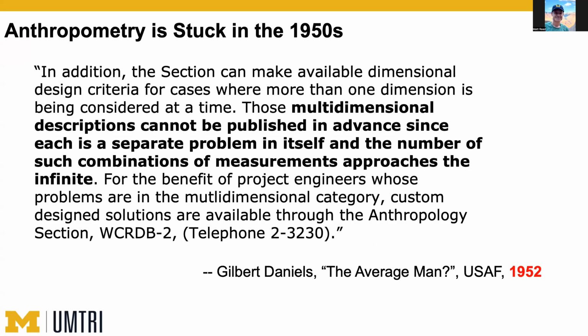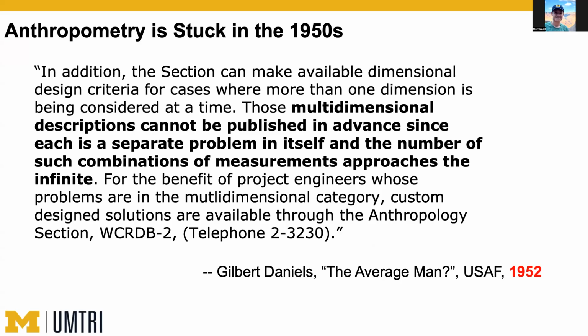I encourage you to take a look at this publication from 1952. This guy, Gilbert Daniels, I think it was Captain Daniels, demonstrated using some of the first data on aircrew that it's really not possible to do a multivariate analysis in advance.